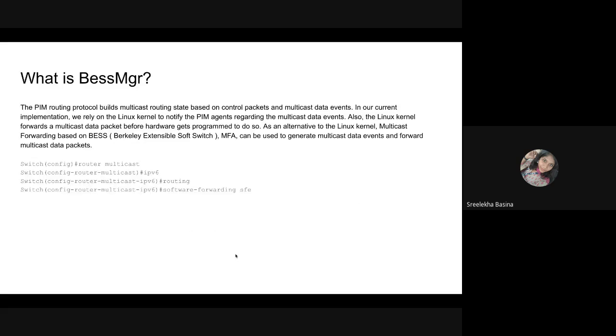So now, what is best manager? A quick brief: usually, to populate our PIM table entries like the mroute or the mfib entries, we rely on the Linux kernel. Based on the Linux kernel itself, we populate the multicast entries and also set the flags once we send out or receive the traffic.